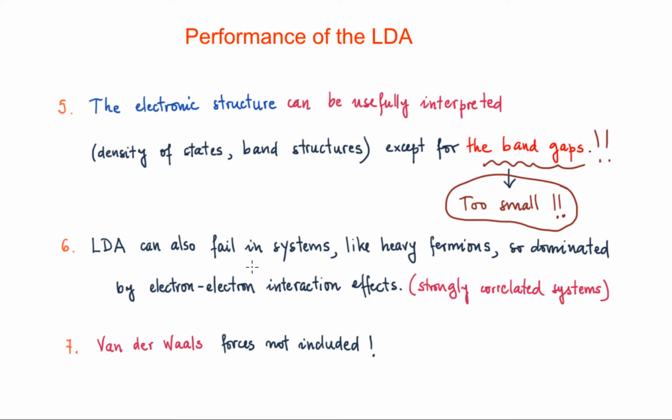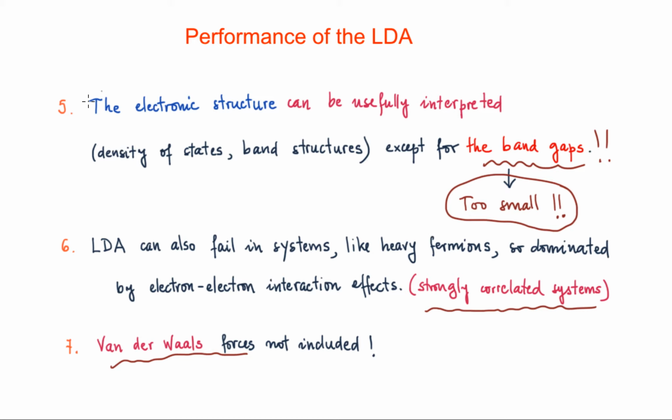The LDA can also fail in systems like heavy fermions, which are dominated by electron-electron interaction effects. So the LDA doesn't work in these strongly correlated systems. And actually, the LDA does not include van der Waals forces. Van der Waals forces are not reproduced within the LDA approximation. So in systems that are stable because of van der Waals forces, like rare gas solids, you don't expect them to be well described within the LDA.